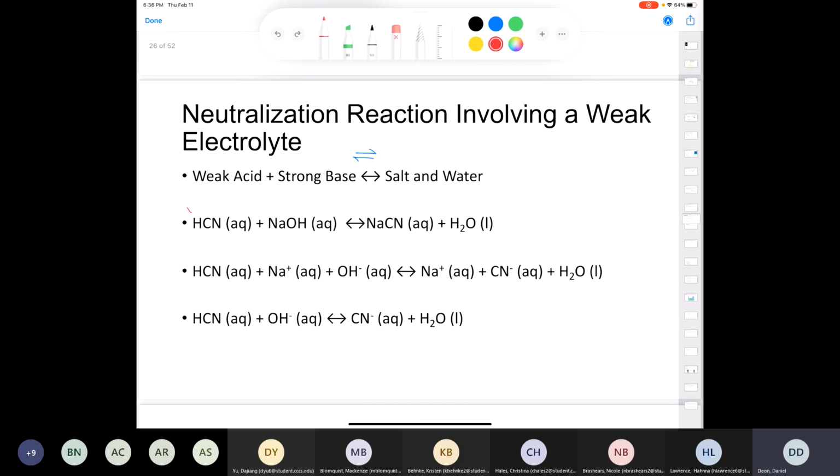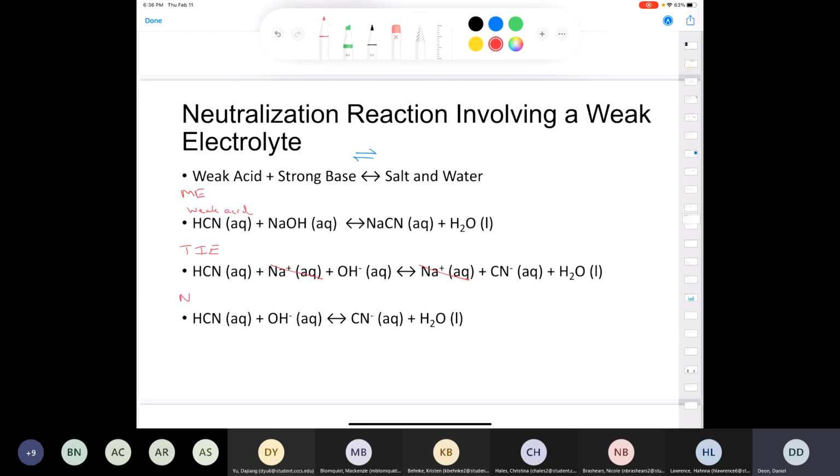But since this is a weak acid, it is not going to dissociate completely into its ions in the total ionic equation. The only thing that cancels out on both sides of the total ionic equation is the sodium ion. So our total ionic equation, when we combine a weak acid and a strong base, is a little bit different.